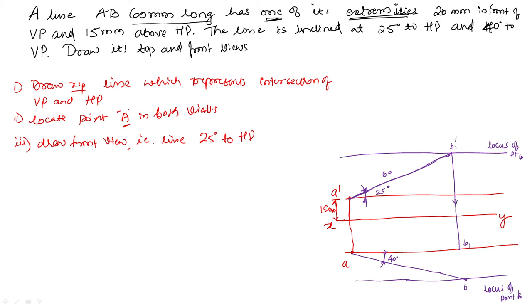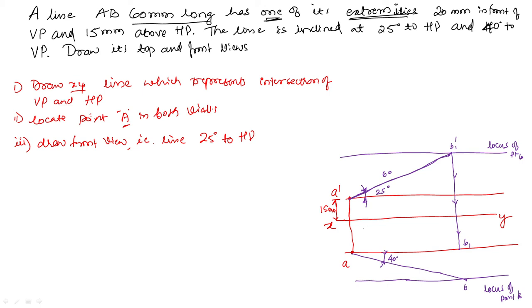Now, what we've done here, we've done projection of the views as they are specified in the problem definition. Then we have converted one view as parallel to the another plane. For example, we have drawn a dash b dash as specified in the problem.